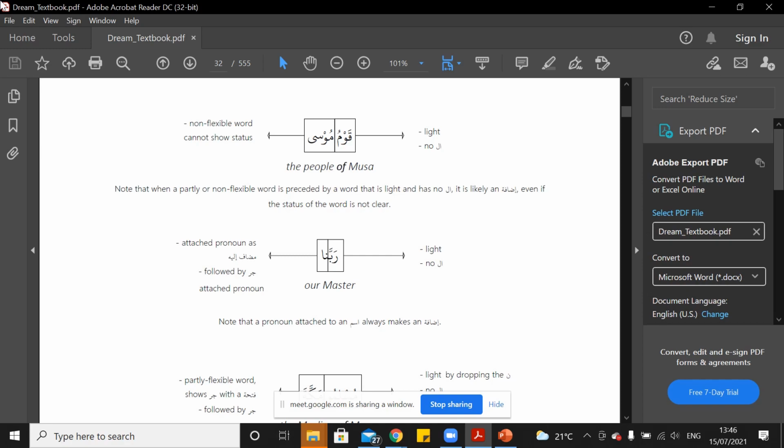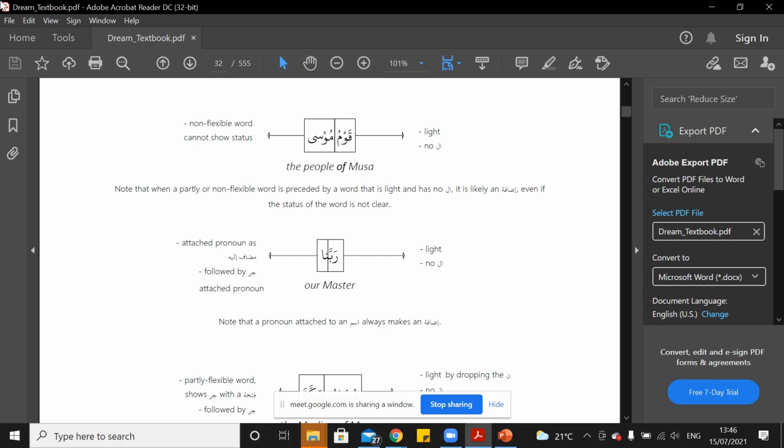You have to tell me how Rabbana has to be jar to be mudaf ilayh. How will you explain that na is jar? You say that's an attached pronoun. So an attached pronoun can only be nasab or jar, right? Attached pronoun can be nasab or jar, but since Rabb is matching our conditions for mudaf, that's why na is jar here, and this Rabbana is an Idafah fragment.